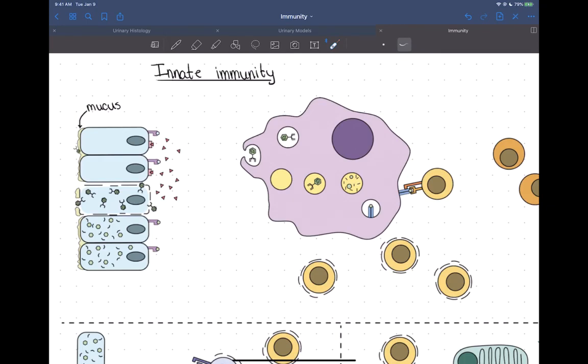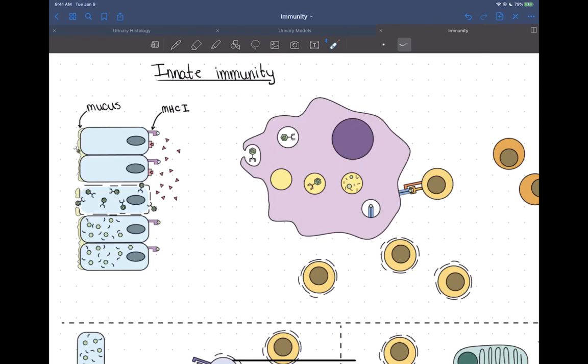A couple of things to point out here. On our cells, we have these membrane proteins, the MHC1. Because this particular cell is not infected, it's nice and healthy, that MHC1 is blue, a healthy, self-marking MHC1.